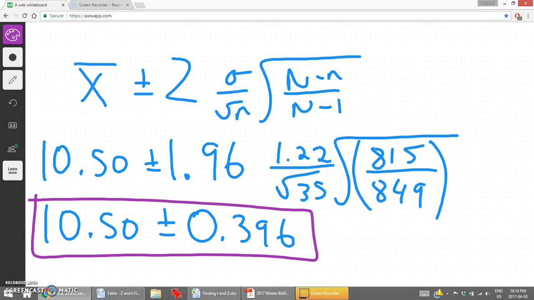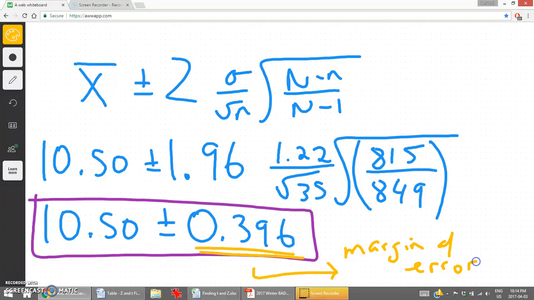Remember that this part here is known as the margin of error, the plus-minus part of that equation. So a confidence interval is based on the point estimate, the sample mean, plus or minus the margin of error.